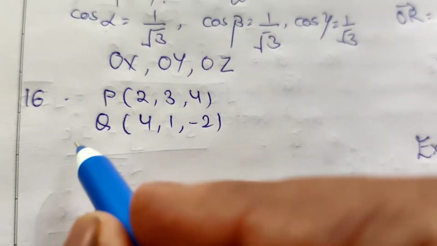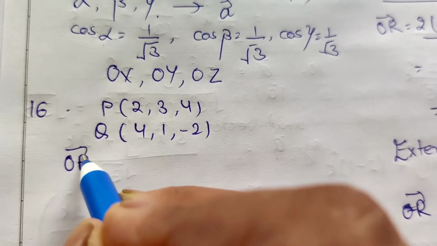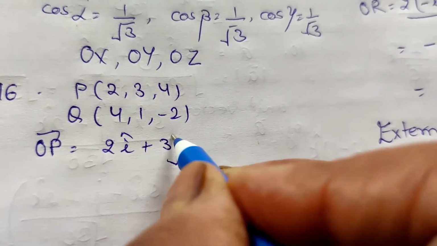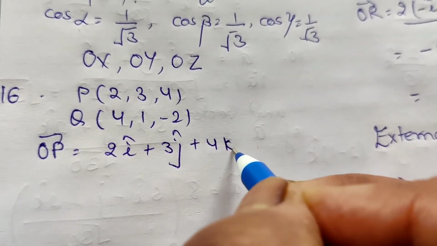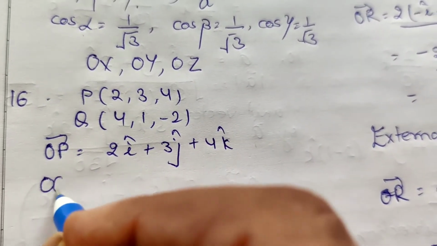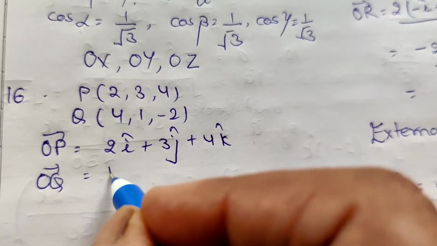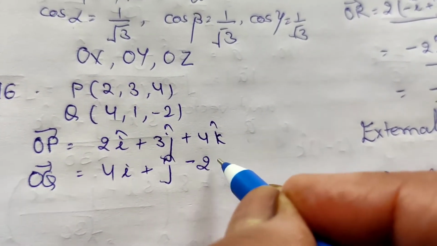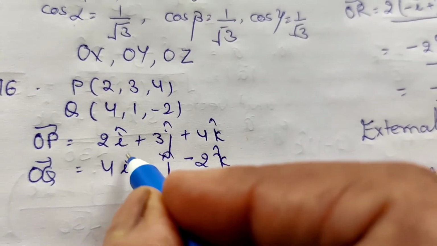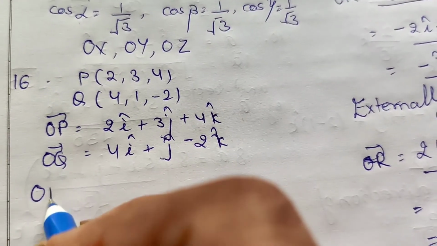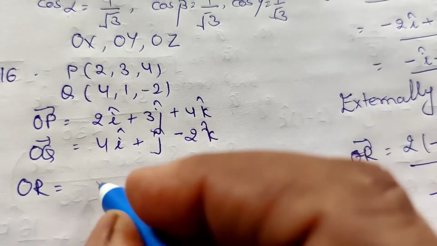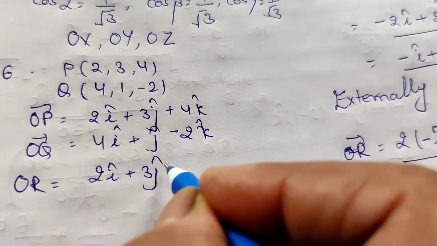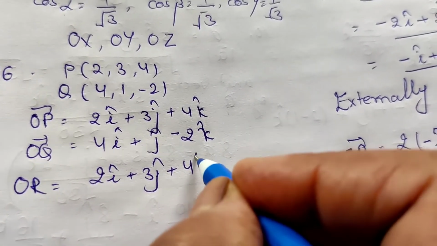P equal to 2, 3, 4, it means OP vector equal to 2i plus 3j plus 4k, and OQ vector 4i plus j minus 2k. Now the midpoint means OP plus OQ divided by 2. Add these two vectors and divide by 2.